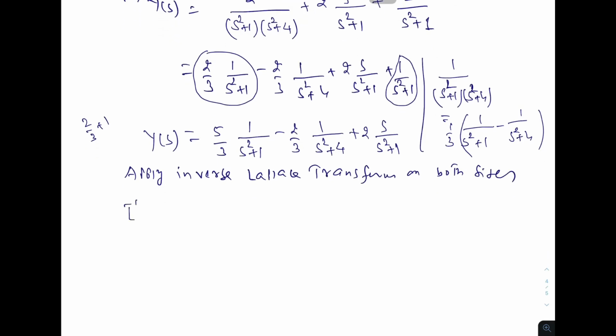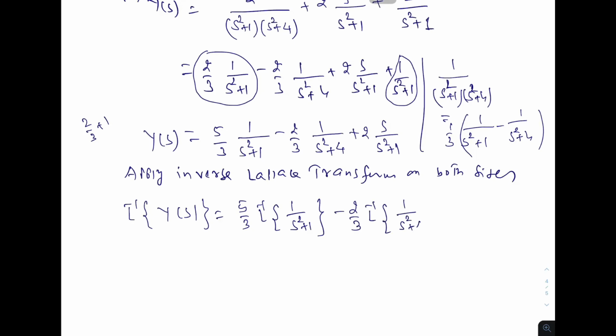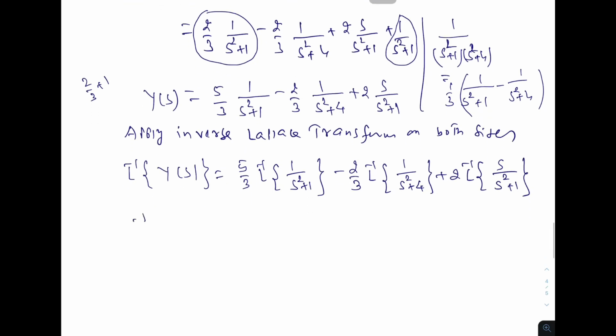So that is the inverse Laplace transform of Y(s) equal to 5 by 3 times the inverse Laplace transform of 1 over s square plus 1, minus 2 by 3 times the inverse Laplace transform of 1 upon s square plus 4, plus 2 times the inverse Laplace transform of s over s square plus 1. This is y of t.